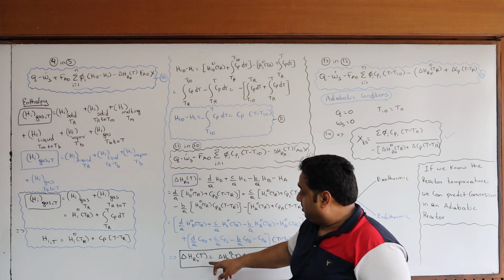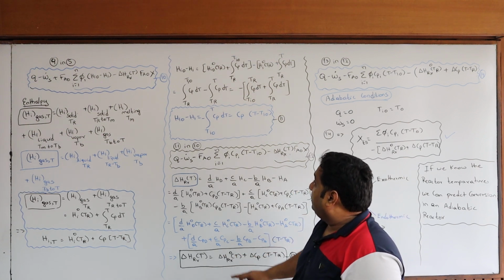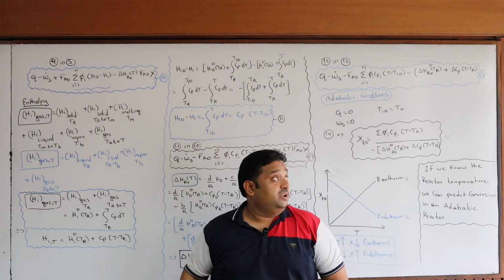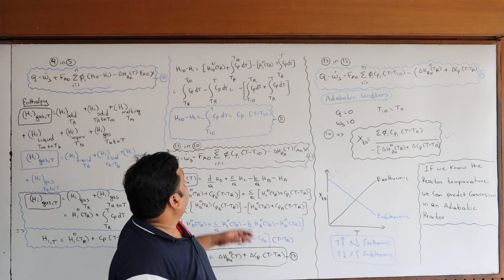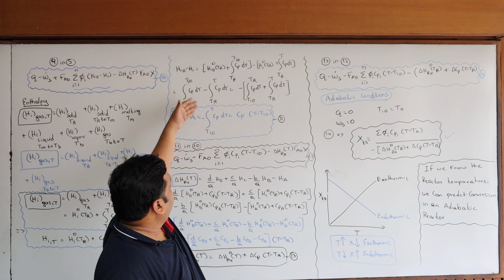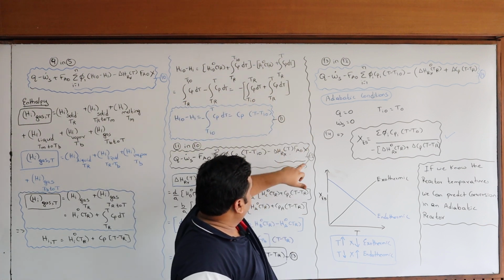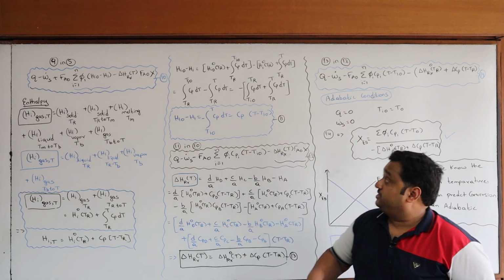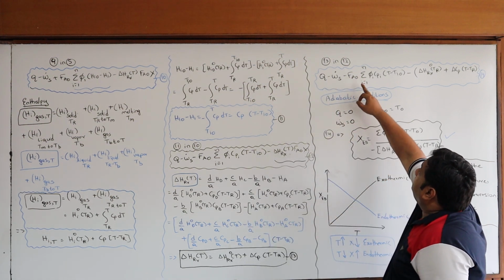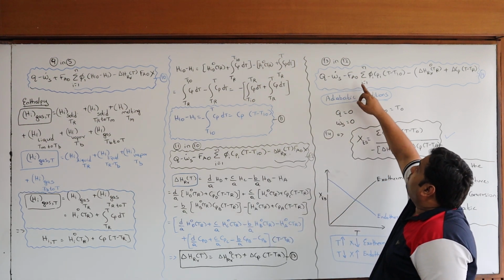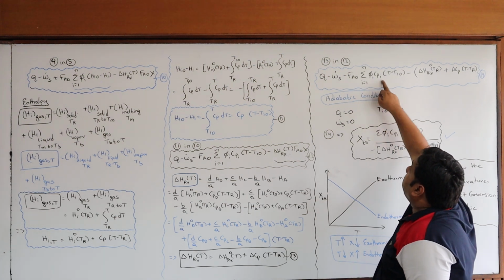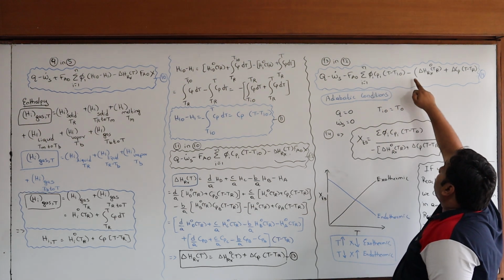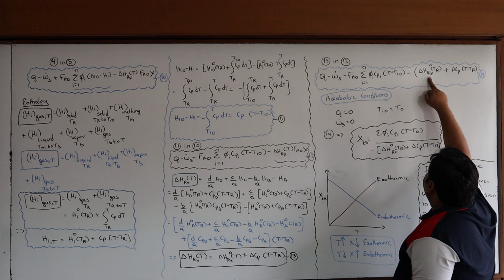Let us substitute equation number 13 in equation number 12, and the final equation has become: Q minus Ws equals Fa0 into sum over i equal to 1 to n of phi i Cpi into T minus Ti0, minus enthalpy of reaction.